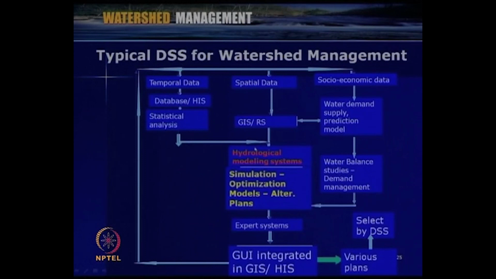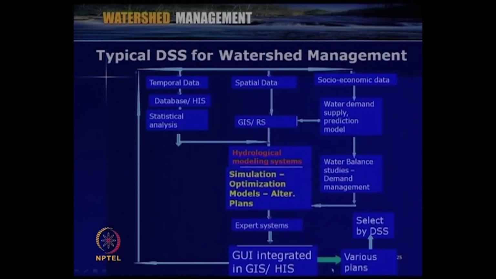Then we can have hydrological modeling systems where we can run various models, using simulation or optimization models, and generate alternative plans depending upon the problems. Then we can have expert systems depending upon the problem. All these things will be represented in a graphical user interface integrated in GIS or hydrological information systems, so GUI integrated in GIS or HIS.